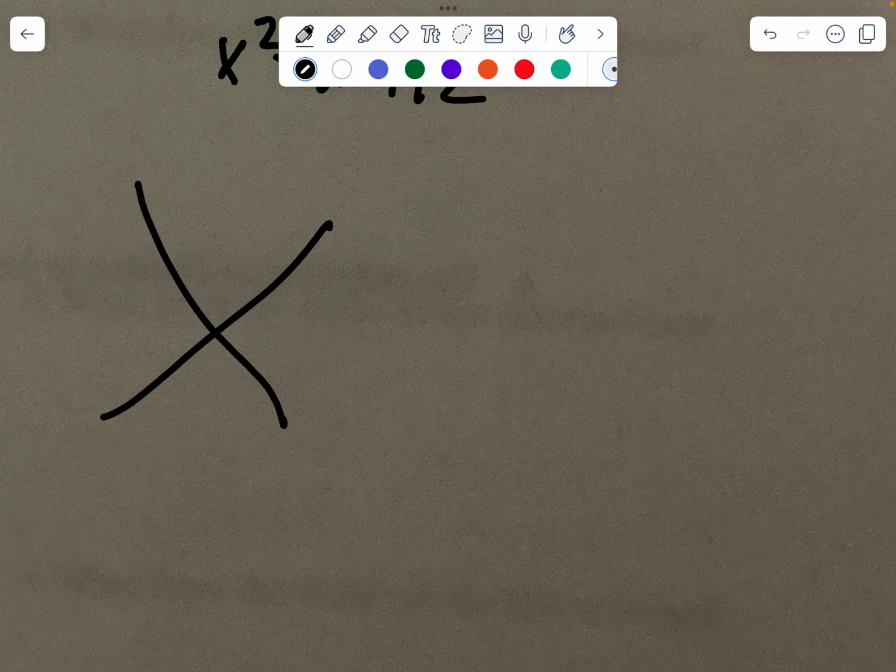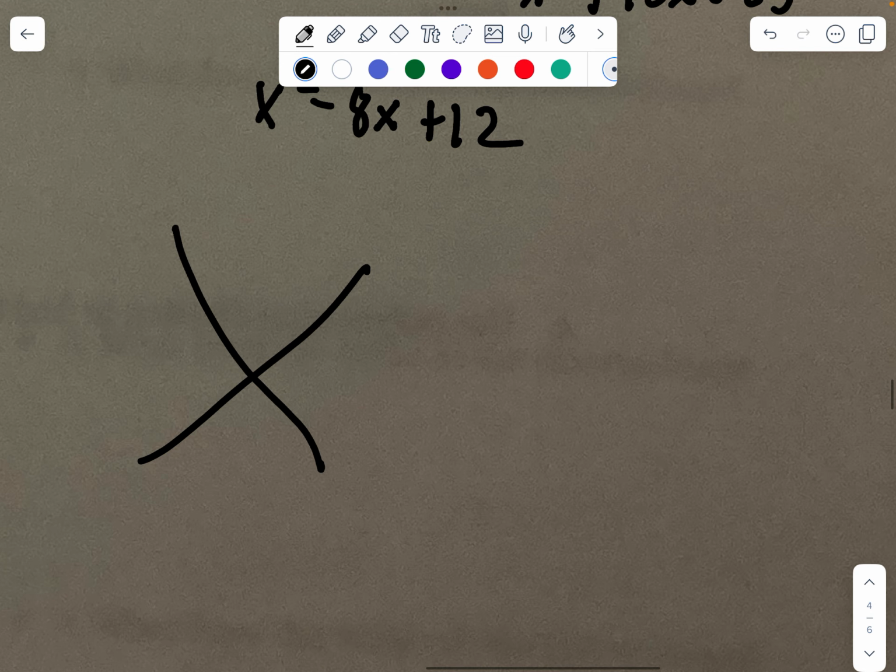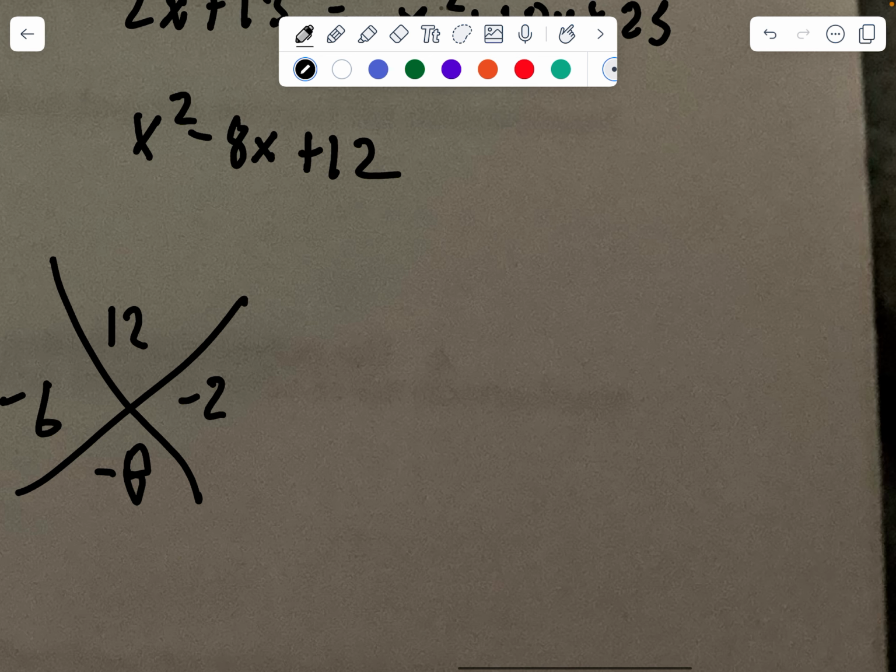Now we're going to factor that. So we got x equals 6 and x equals 2.